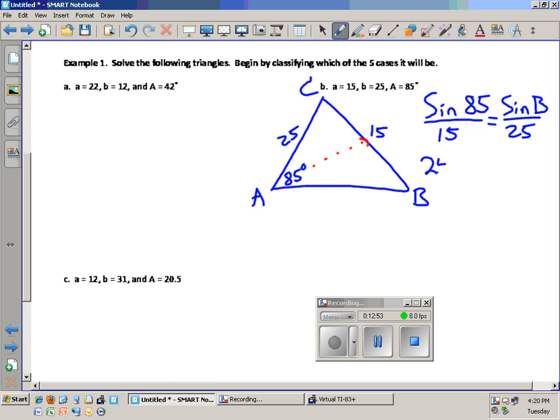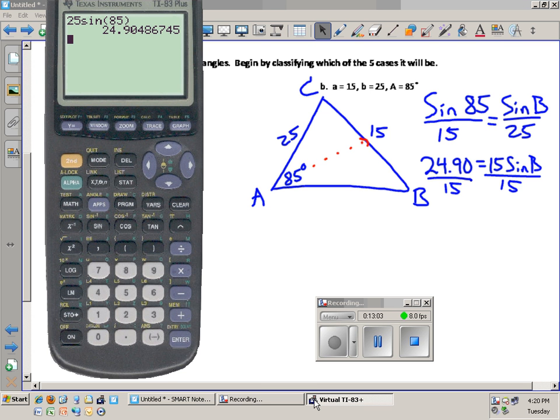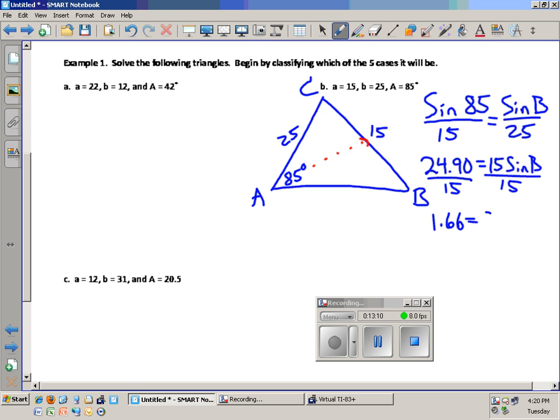So 24.90 is equal to 15 sine of B. Divide that side by 15. We get 1.66. 1.66 is equal to the sine of B.